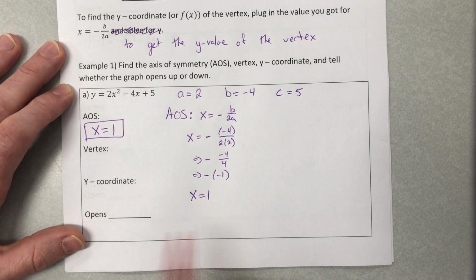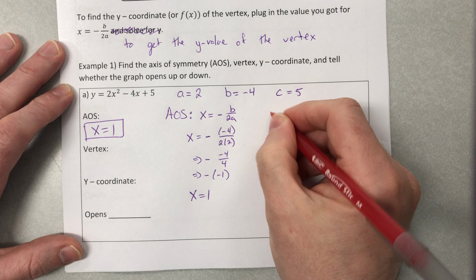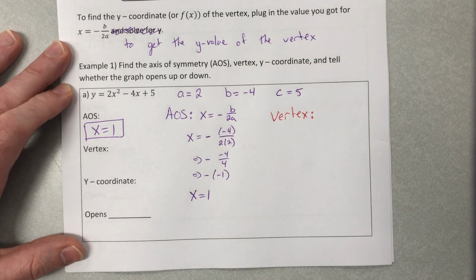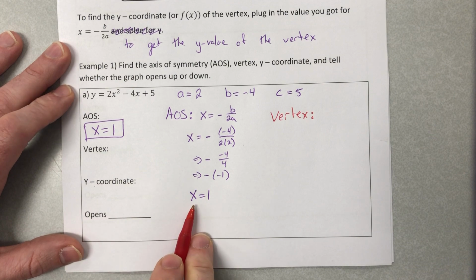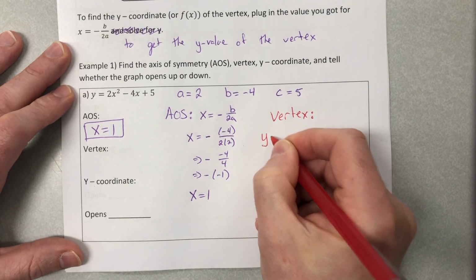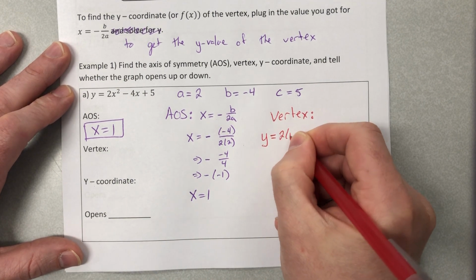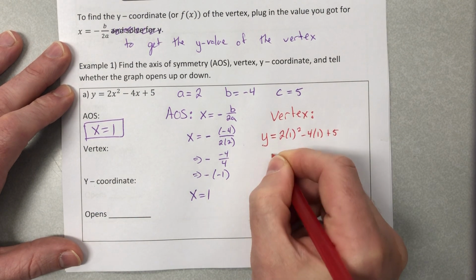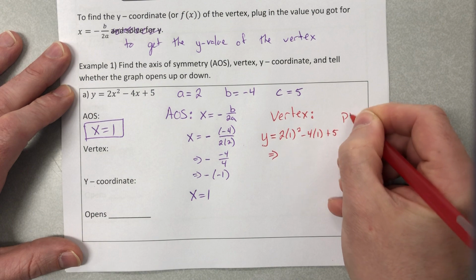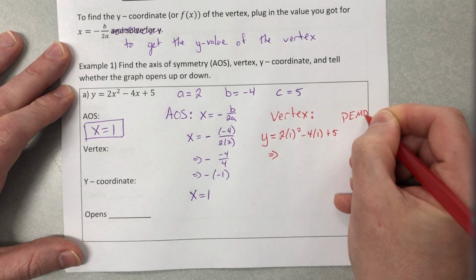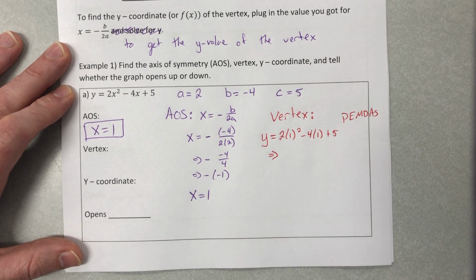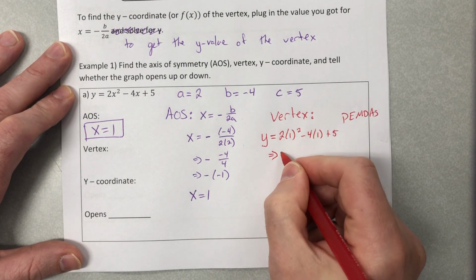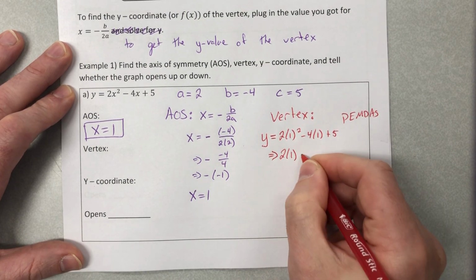Once we have our axis of symmetry, we can also find our vertex. To find our vertex, we're just going to plug our x value in to get our y value. So we plug in 1 wherever we see x. And then remember to do order of operations. That's going to tell us to do the exponents first and then multiply. So 1 squared is 1.